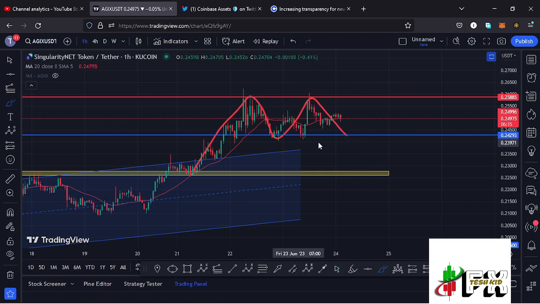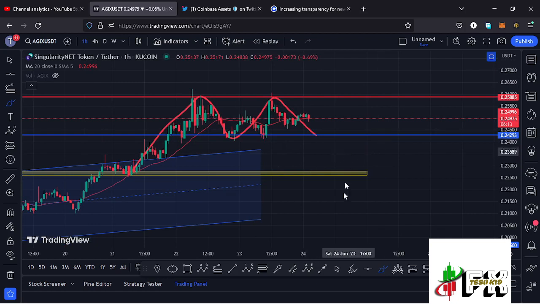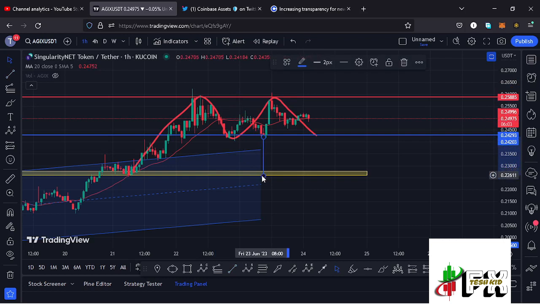target areas. And the minimum target areas for the breakout can be given by the height between the tops and the neckline, and we can get that height and then place it below the neckline, giving me a minimum target area at around the $0.22594 mark.